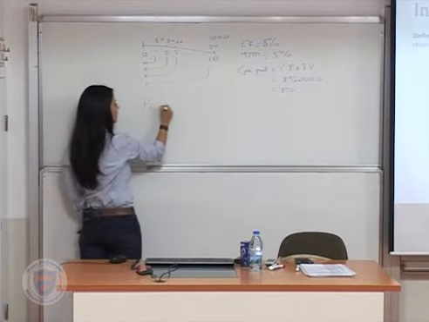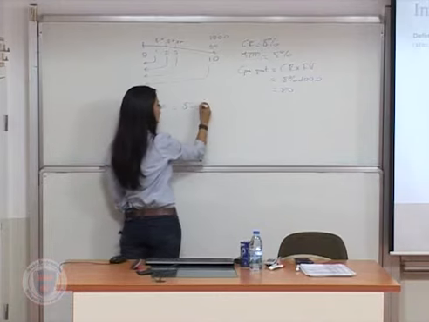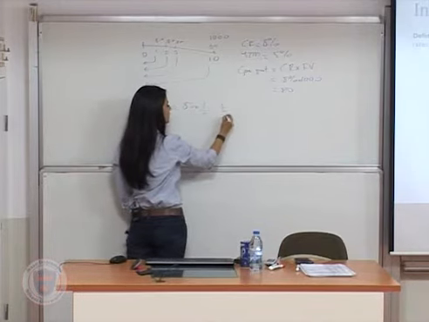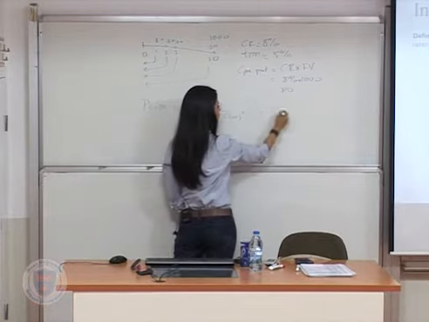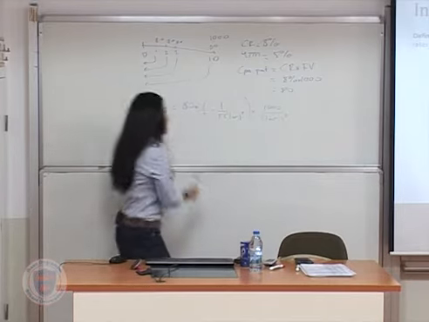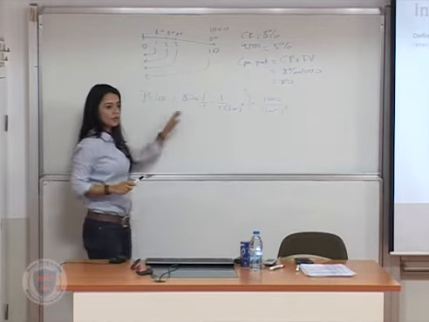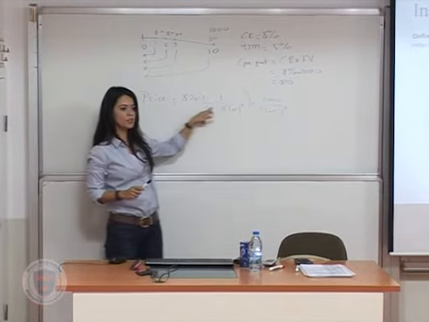And for this one, price was 80 times PVIFA, or let's write the formula this time. Okay. So basically, the formula will look like this, right? So this is the annuity, present value of annuity.